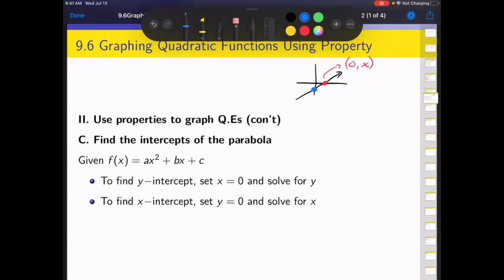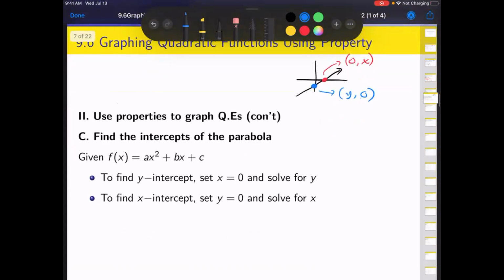For the y-intercept, what is the x value? Is there a width? No width, so 0. It has height, but there's no width. Hang on, I put this in the wrong location. The y-intercept is 0 comma y, and the x-intercept is x comma 0. I had it backward.